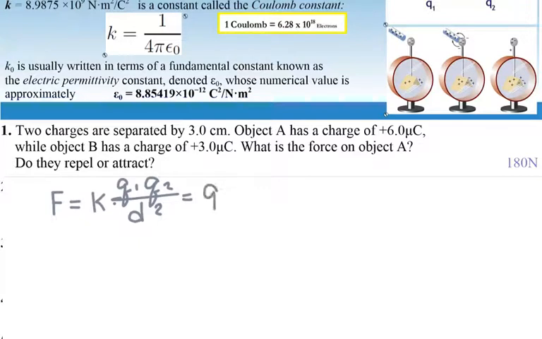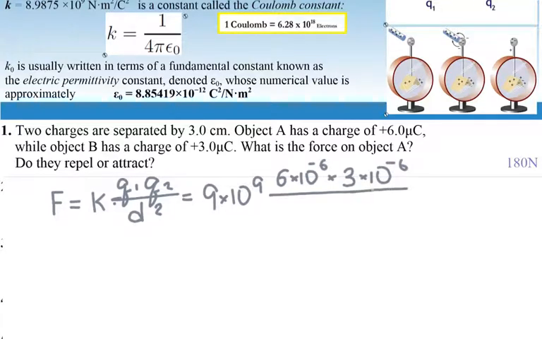k is 9 × 10⁹, and the charge of the first one is 6 microcoulombs, so that's 6 × 10⁻⁶. The charge of the second one is 3 × 10⁻⁶. And the distance between them is 3 centimeters, so that's 0.03 squared.